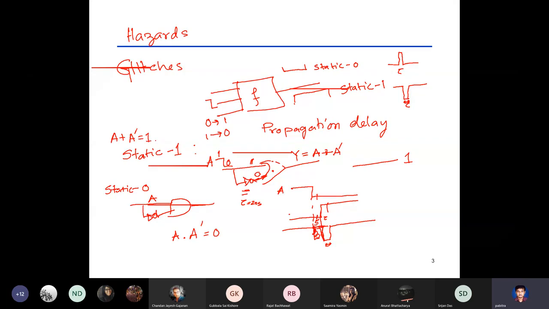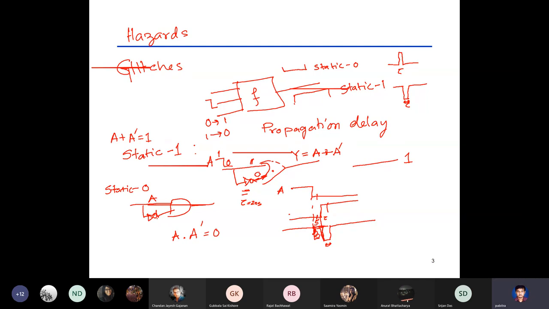So on these transitions, this can happen. One thing is clear: if we just had these two kinds of circuit, A plus A bar and A into A bar, we would have a static 1 fault because of this propagation delay. We would also have a static 0 fault because of this propagation delay again.